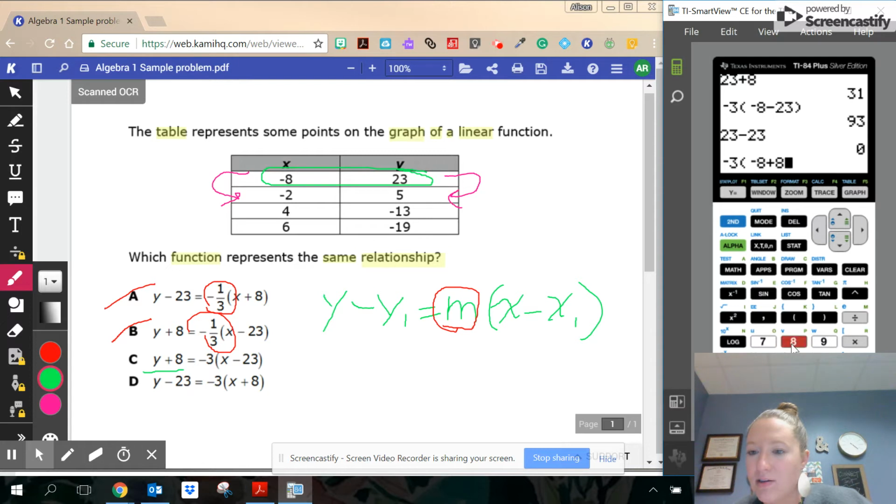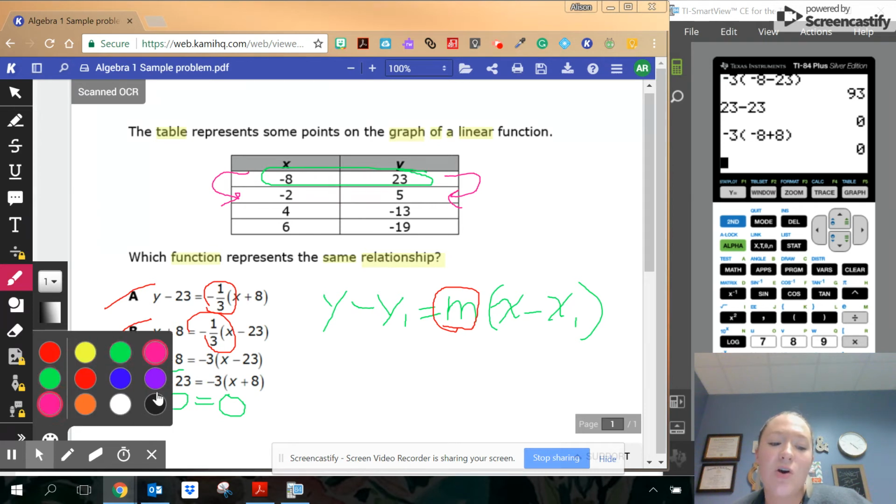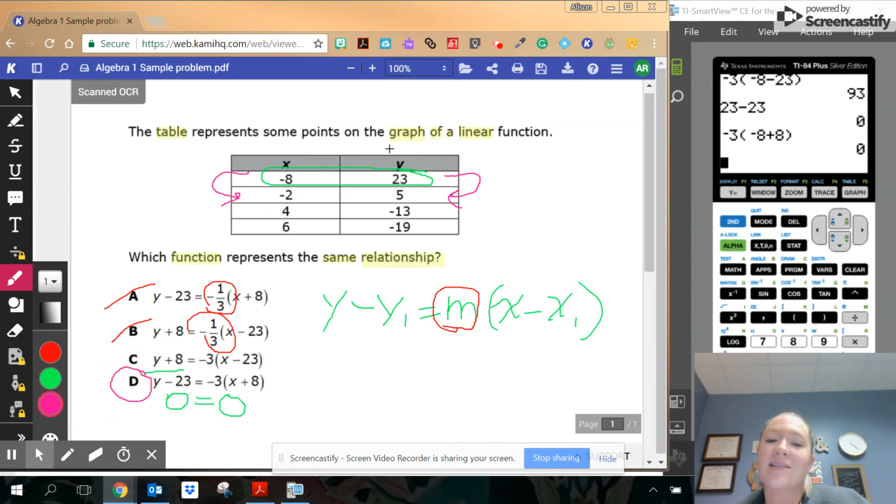That's what this equation tells me. Negative 8 plus 8 gives me 0 again, doesn't it? And 0 times negative 3 is 0. 0 equals 0, and that is awesome. That is a true statement. So that helps me know that D is the same relationship as the relationship given in the table.